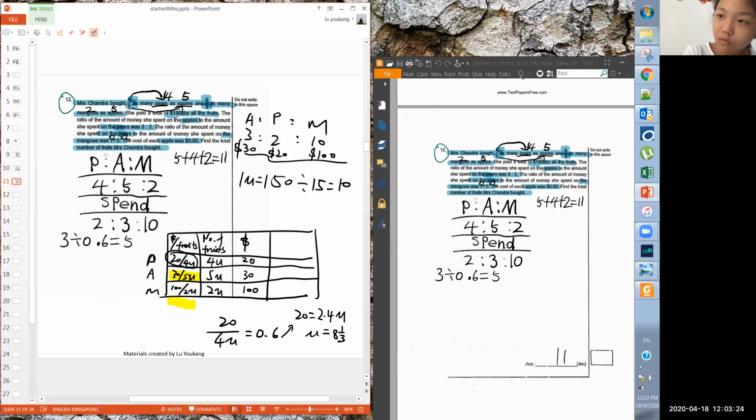So what they ask, find the total number of fruits Mrs. Chandra bought. You add all these up. So 4u plus 5u plus 2u is 11u, right? Yeah. So you just 11 times your u.